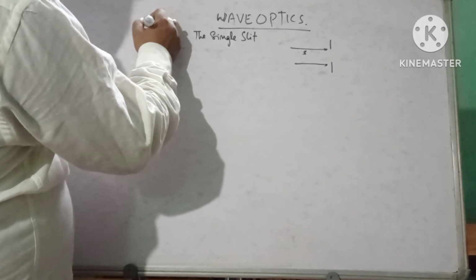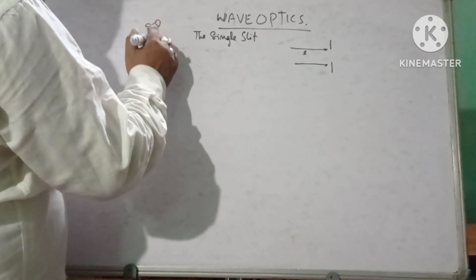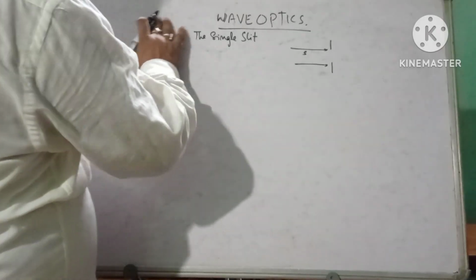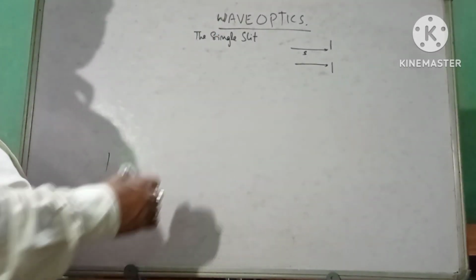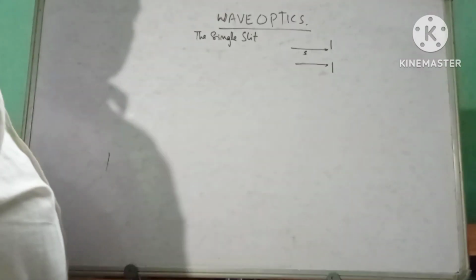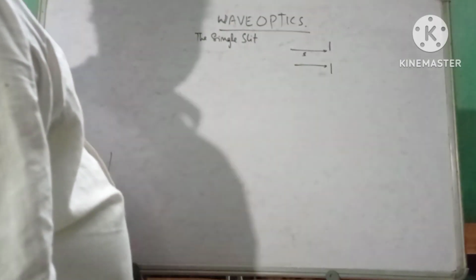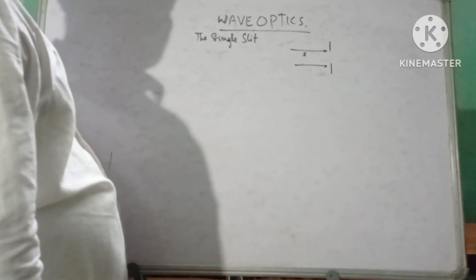I am going to explain about the diffraction of light and the single slit. Now let us see what happens.